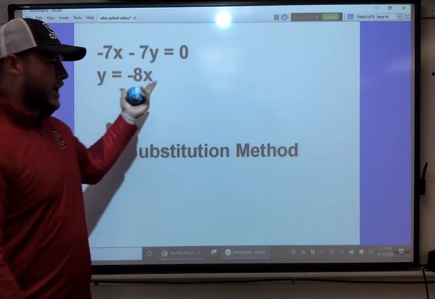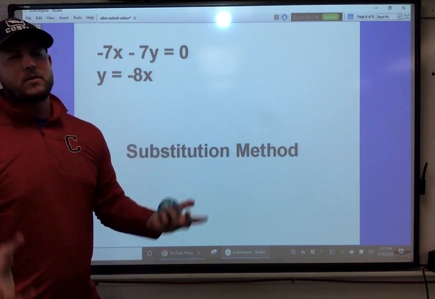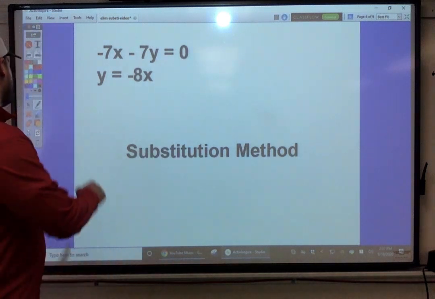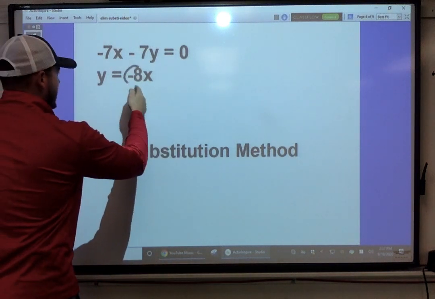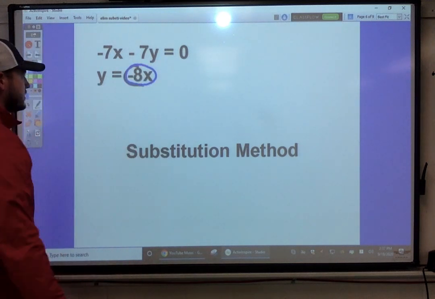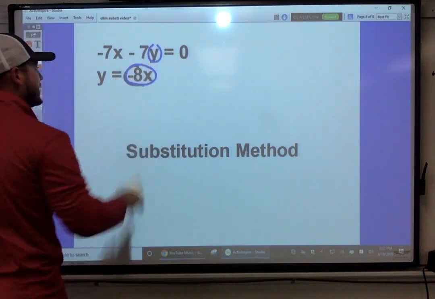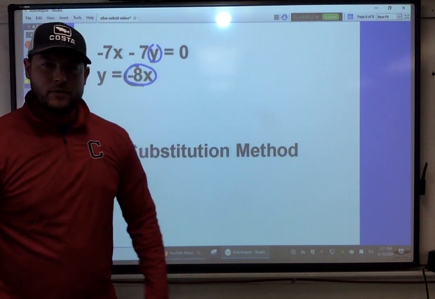It's equal to negative 8x. So we don't know exactly what y is, but we can substitute negative 8x in for this y, because we know y is equal to negative 8x.